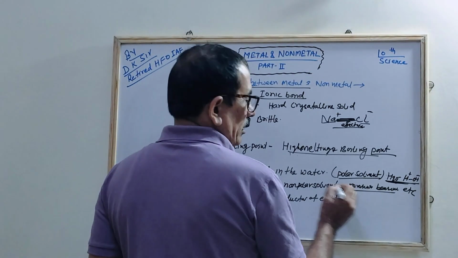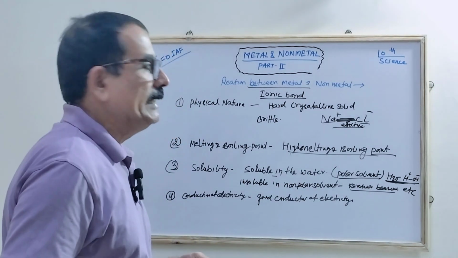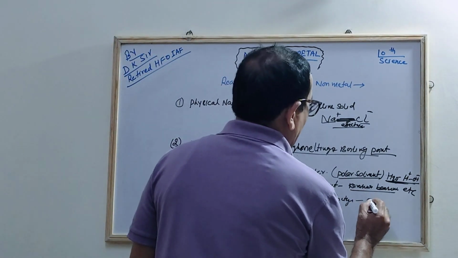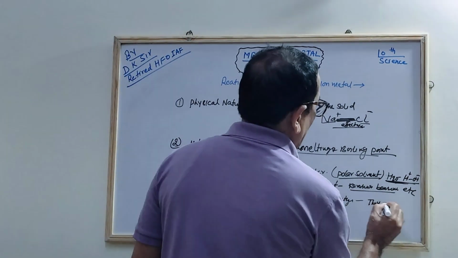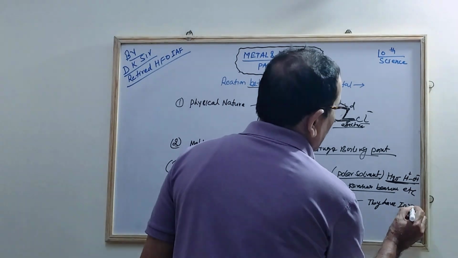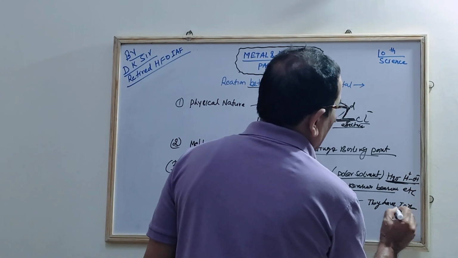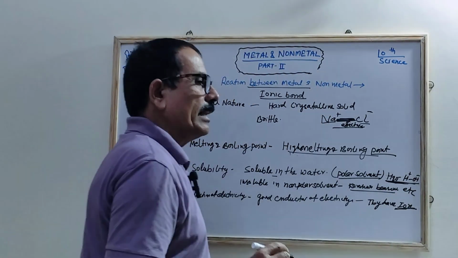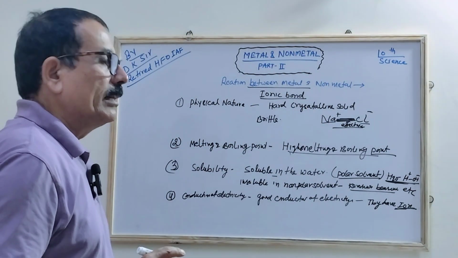Remember, they are good conductors of electricity because they do not have free electrons, but they have ions, correct? They have the ion as a carrier, so it can conduct.